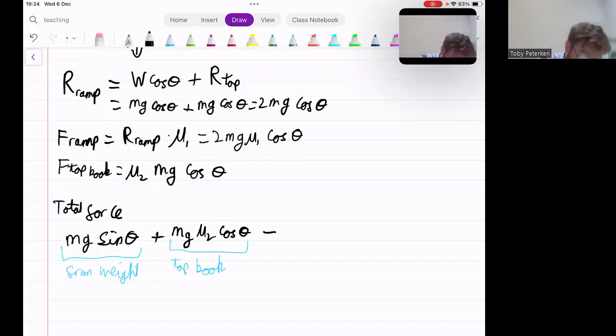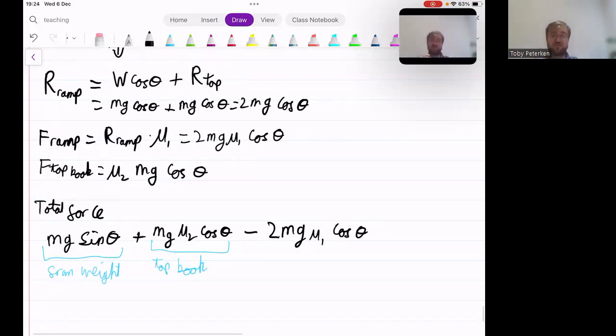And then stopping it sliding down is the friction from the ramp. So this is 2 mg mu1 cos theta. And if it's just about to slip, then this is equal to 0. If this is greater than 0, then it will be sliding. If it's less than 0, it'll be sliding back up.